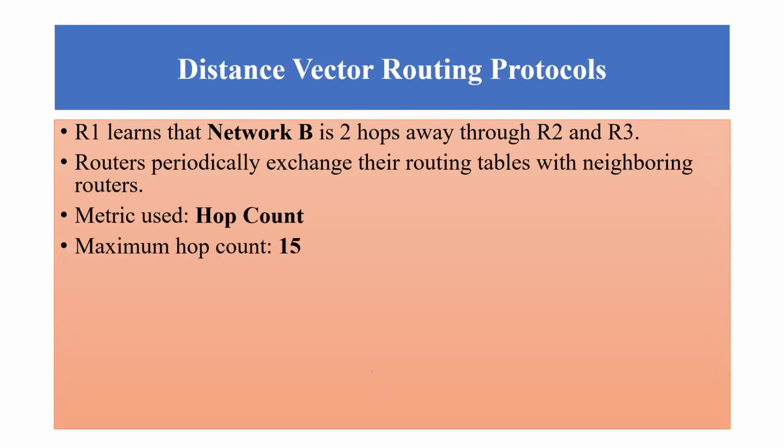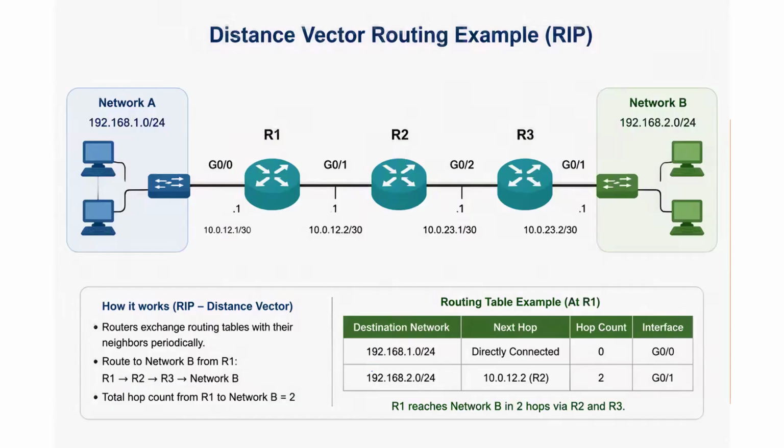So this is for the metrics that use the hop count, the maximum hop count. When you talk about hop point, it is an intermediary device. Look at this diagram. I hope you can all see R1, R2, R3. Yes, sir. Okay, when you are moving from network A to network B, the packet which will move from segment A has to pass through the first router, second, third, before it gets to network B. And the reverse is the same.